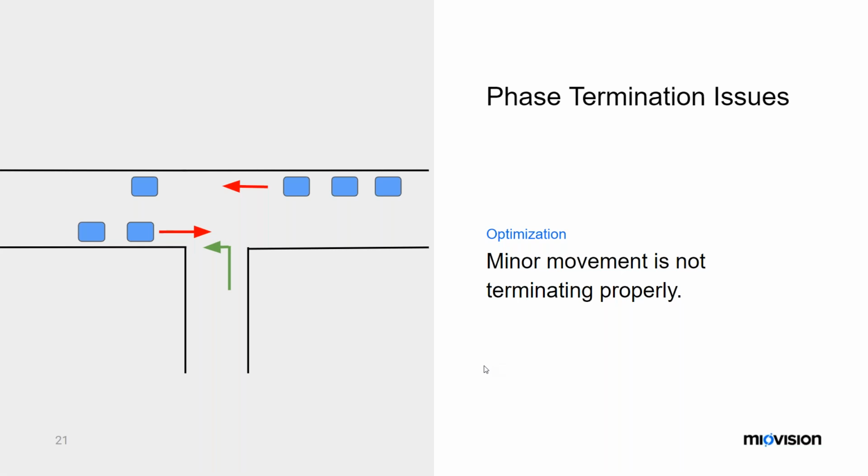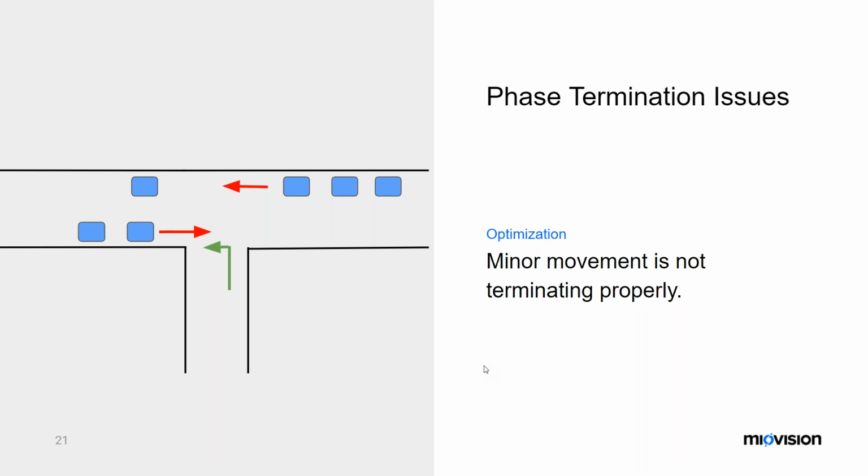The next issue that we're flagging is phase termination. This is more so looking at a movement in isolation, generally a minor movement or a left turn. In this example, we're looking at the northbound left, and say it's getting maybe 20 seconds of green time and it's only using half of that.